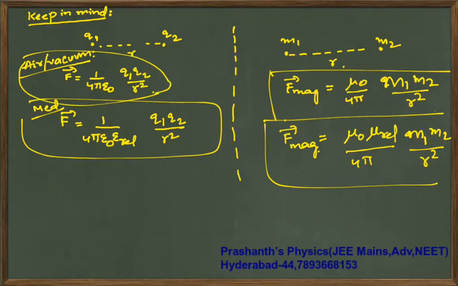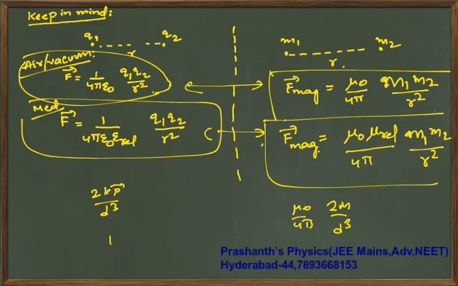So please do not think it is something new, it is something very well known to you previously. Even in the field part everything is the same. Try to relate with electric dipoles: on the axial line 2kp by d cube, here mu naught by 4 pi into 2m by d cube.